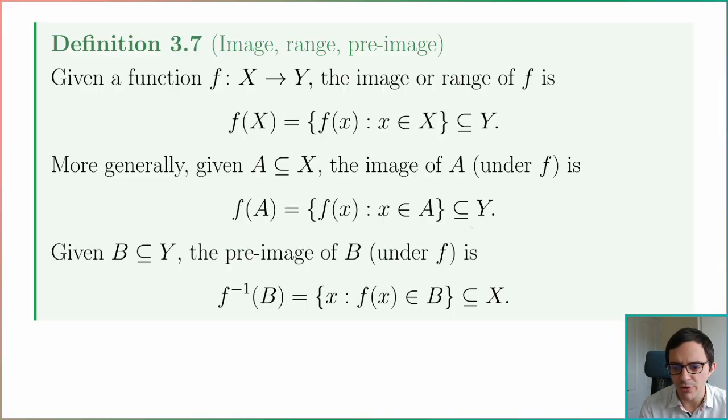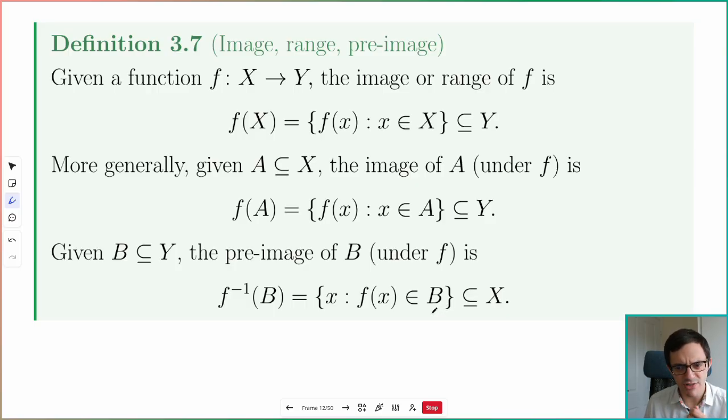So the pre-image of B, that's defined as all of the points in the domain that get mapped into B. So I want any values x that you can find such that when you apply f, you get something in B.